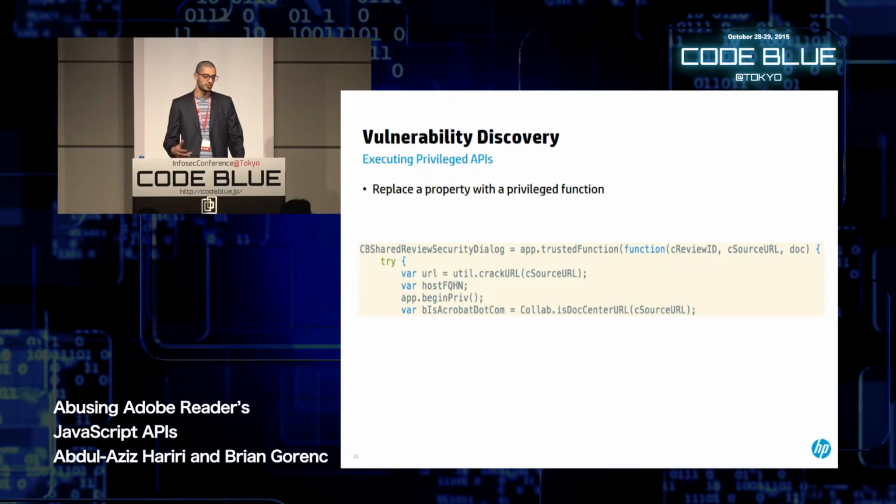It has 3 arguments, and one of them is interesting, which is the cSourceURL. The cSourceURL is passed to collab.isDocCenterURL, which is inside the trusted block, the privilege block. So the plan here is to hijack or overload this function with a function that is privileged. In that case, we're going to be able to execute a privileged function from inside the privilege block.